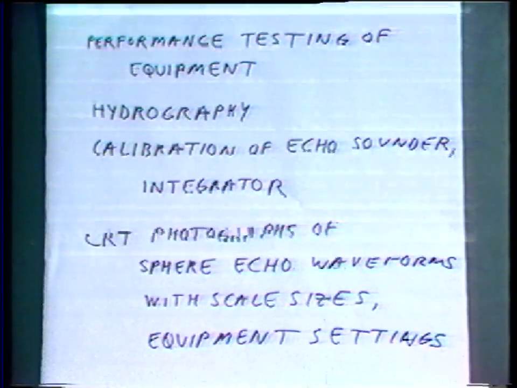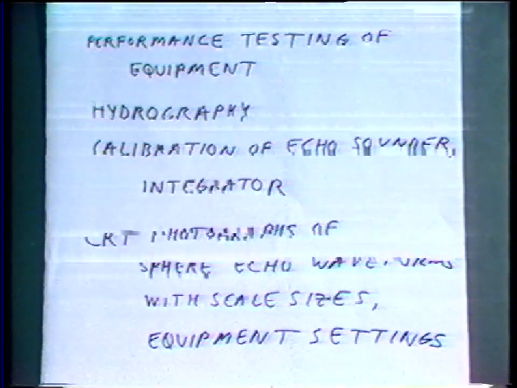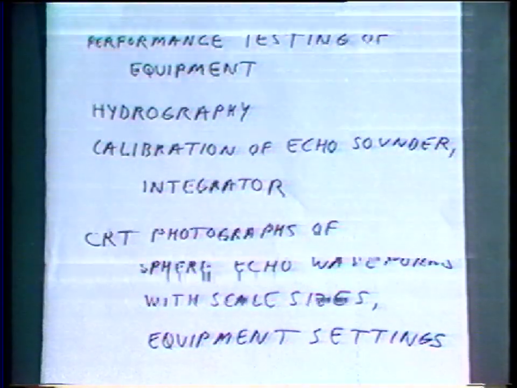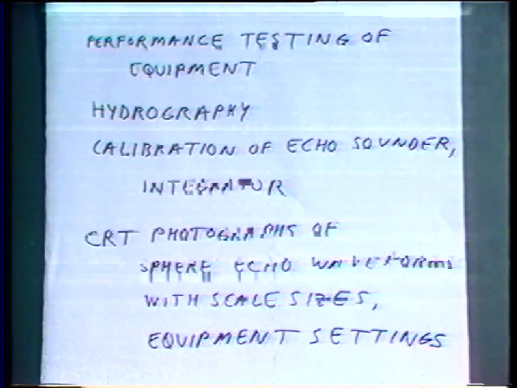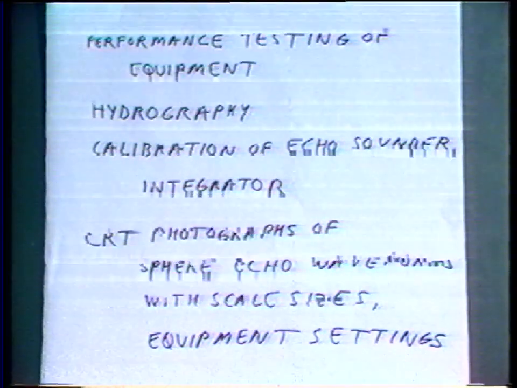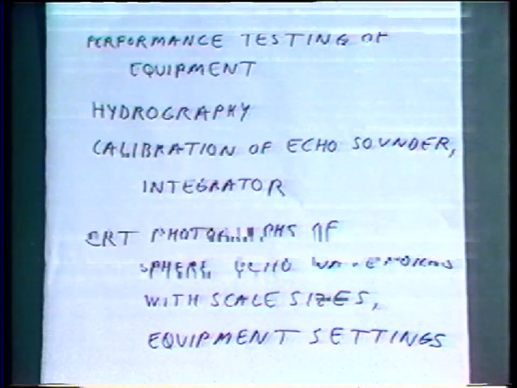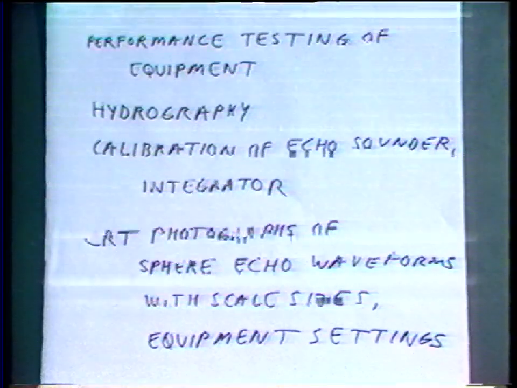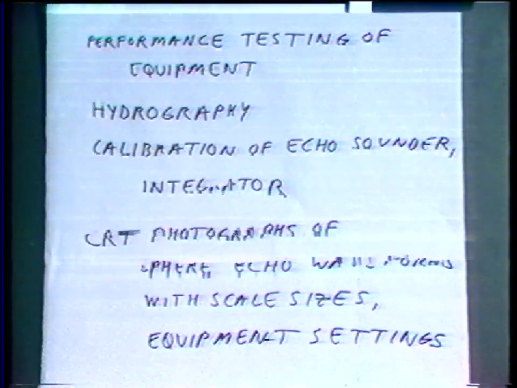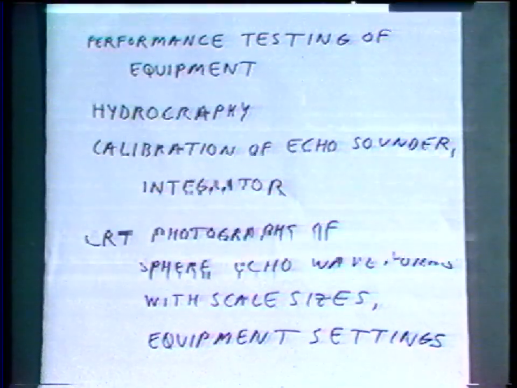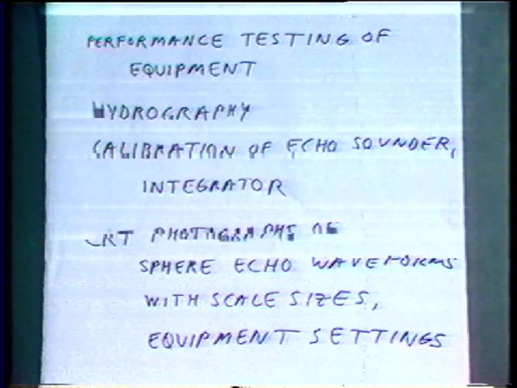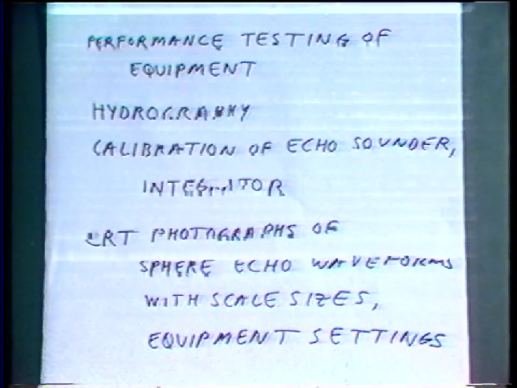The waveform of the sphere echo, obtained by displaying the calibrated output signal on the oscilloscope, should be photographed for each combination of transmitter power, pulse duration, receiver gain, and time-varied gain function of use in a cruise. This should be done whether or not the full calibration is performed for these precise conditions. Recording of the oscilloscope scale sizes will enable the particular calibration to be completed at a later date if required.